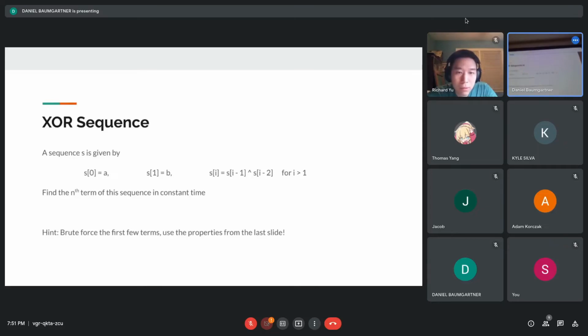So here is our first XOR problem, XOR sequence. Basically you can think of it as a Fibonacci-type sequence: given the first two elements, we define the next as the XOR of the previous two. Then we want to compute the nth term of the sequence, and the interesting part is in constant time.